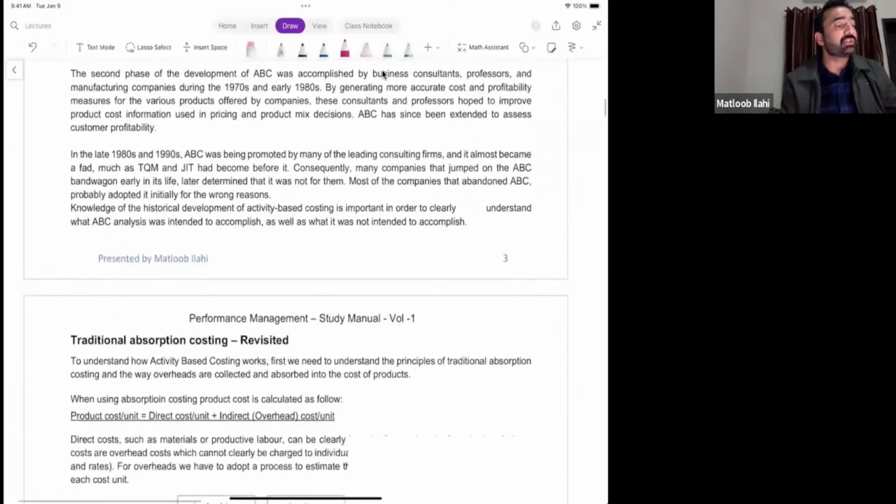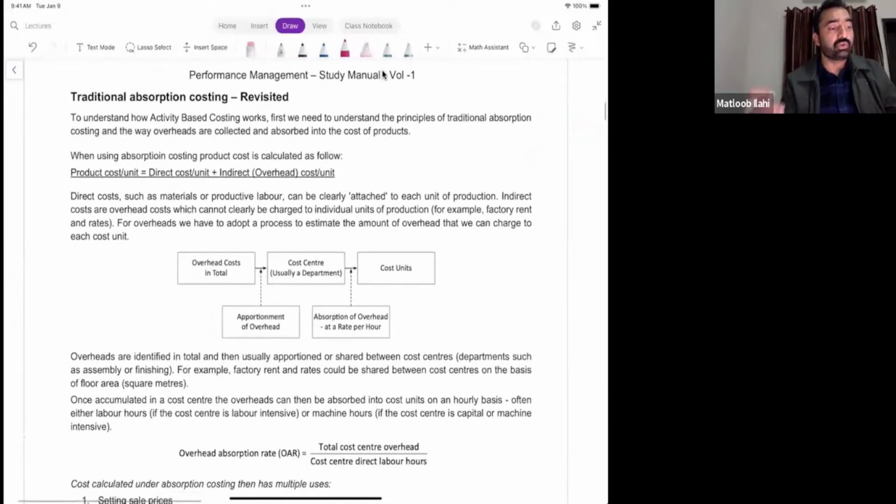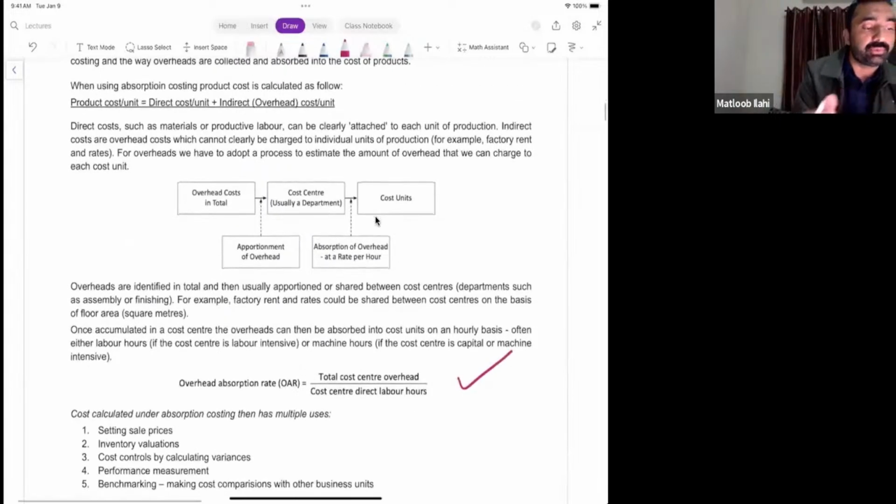Okay, next let's talk about traditional absorption costing. As I mentioned, under traditional absorption costing, overheads are absorbed using a single rate of overhead absorption. As I told you, this is the overhead absorption rate: the total overheads cost divided by total activity. So in this way, we can absorb overheads.